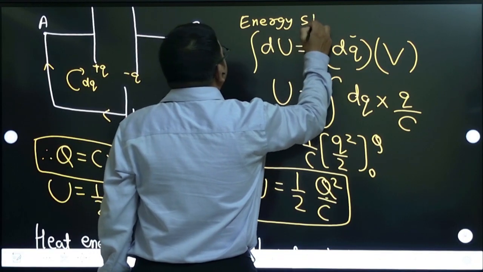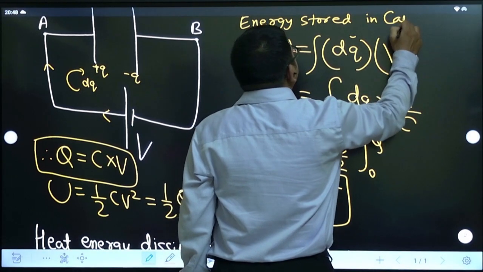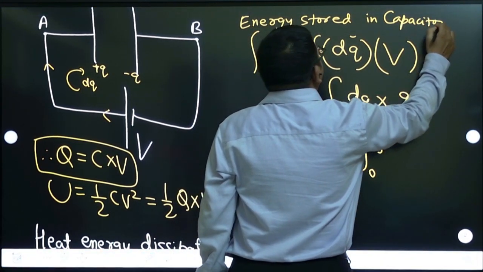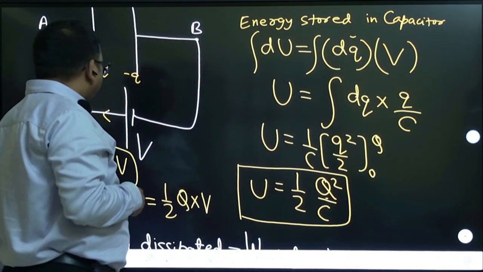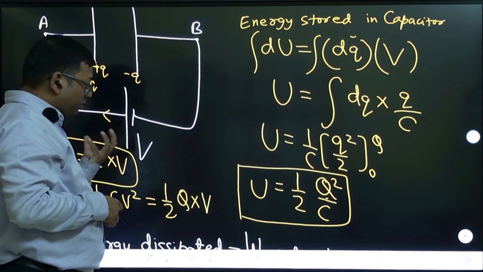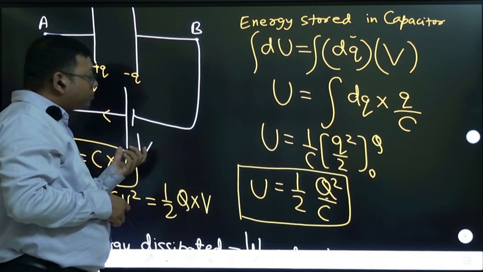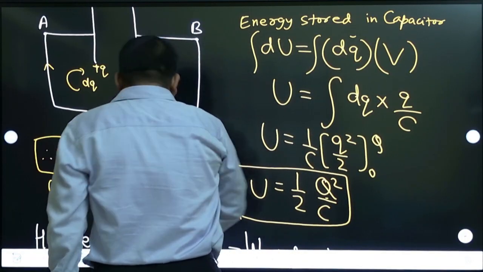Energy stored in the capacitor, dU. Okay. Work done by the battery, how do you calculate? See, the battery is sending a total amount of charge capital Q and voltage is V. So work done by the battery is separately charge into voltage.